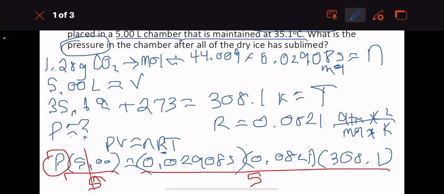I'm going to let you solve that. You should get 222.64, and we would need to round to 3 significant figures. So you would round up to 223. So that will be that problem.